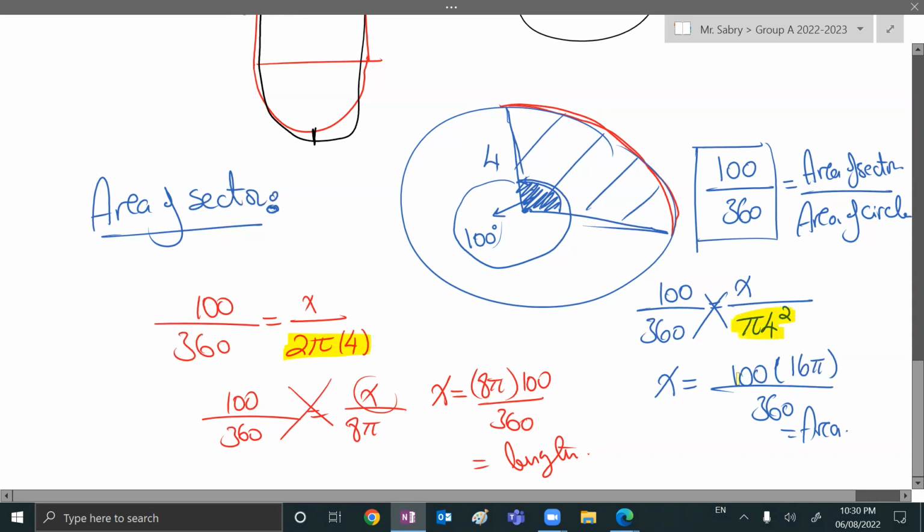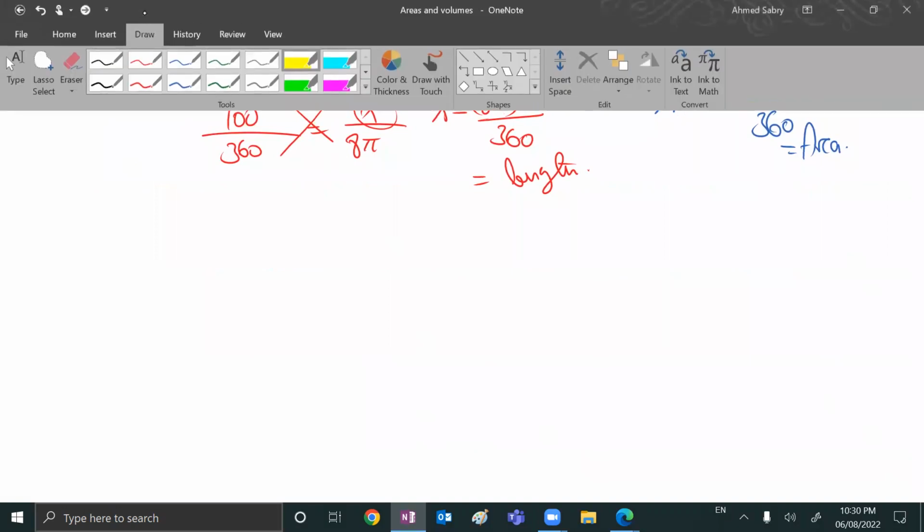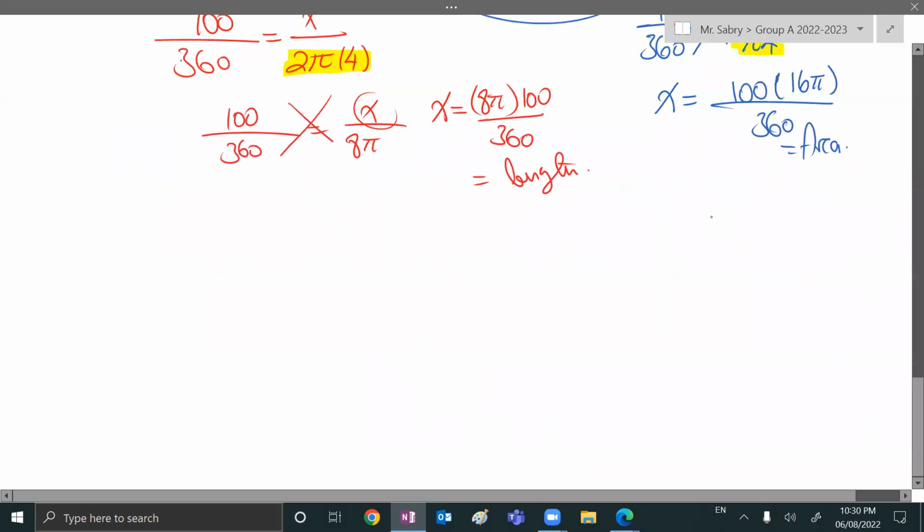If you'd like to find an area, then it will be angle over 360 equals the area of the sector over the area of the whole circle, which is pi r to the power of 2.